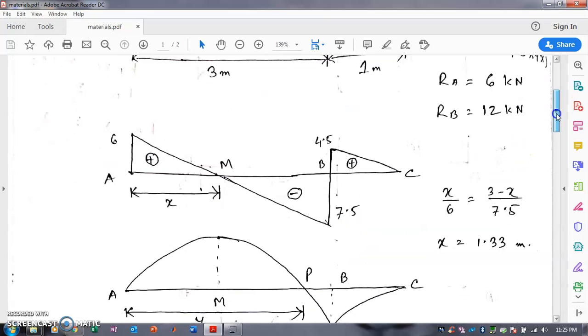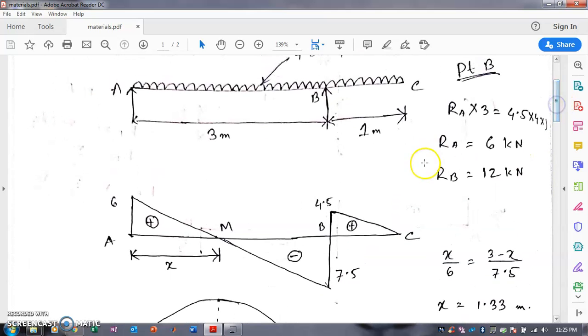So now again, if we consider a point X at a small distance x from point C, then as the point X moves towards point B and reaches point B, the total shear force on the right hand side of point B will be this UDL into total length, that is 4.5 into the length BC, which is 1, so 4.5 kilonewton.